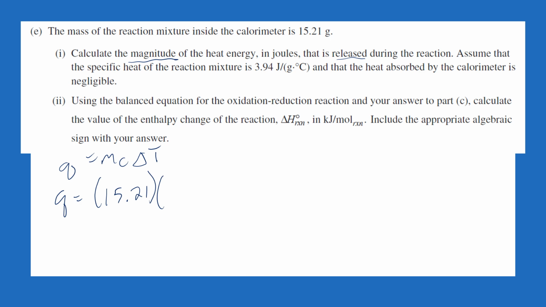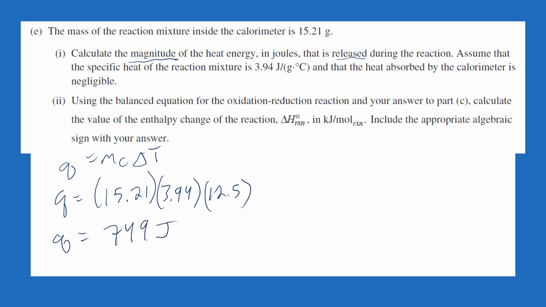Our specific heat of the mixture is 3.94, and we just found our change in temperature was 12.5. Now, if you got the previous question wrong, but you used it correctly here, you could still get the points. Just make sure you're showing your work and the formula that you're using. And when you multiply those, you get 749 joules.